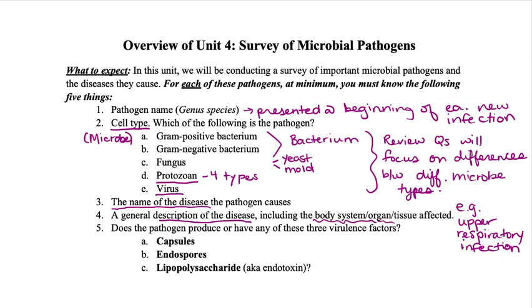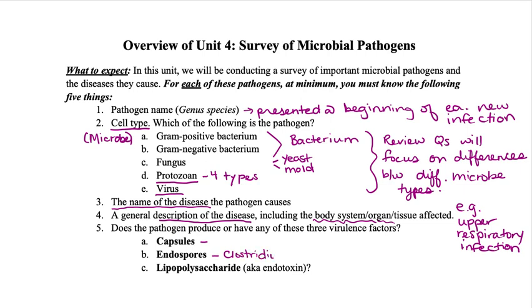Okay. The next item on your list that you'll have to know is whether or not the pathogen produces any of the following virulence factors. If it produces capsules, it'll say so in your lecture slides. If it is Clostridium or Bacillus, it'll produce endospores.